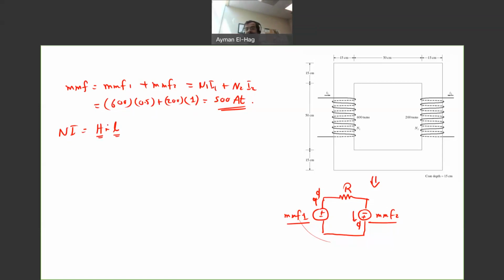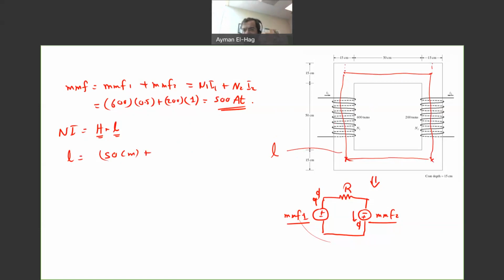So what is the mean path? It is the mean path that we calculate all the time. It's the distance from here to here to here, until we close the loop. So what is L? L will be equal to the distance of 50 centimeters from here to here, plus half the distance to the right and half the distance to the left, so plus 7.5 plus 7.5 centimeters.